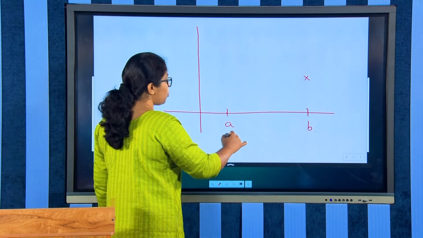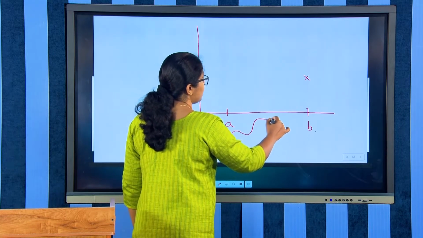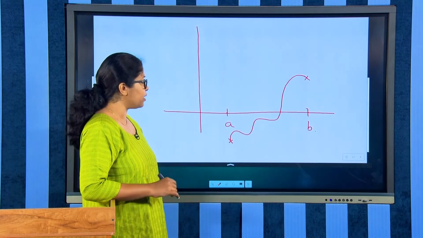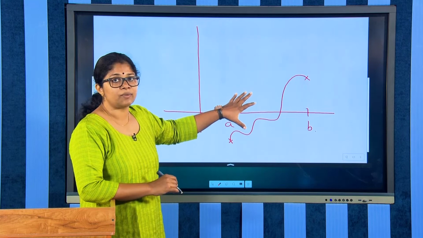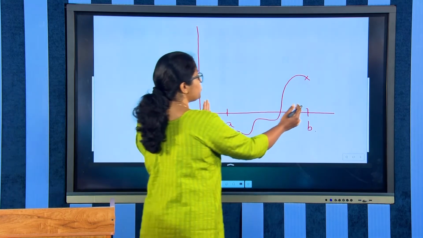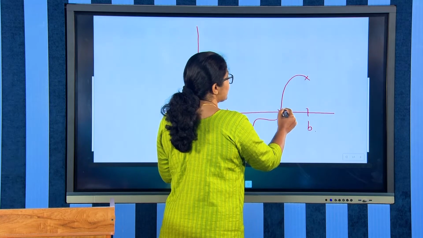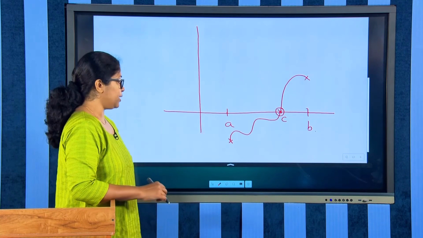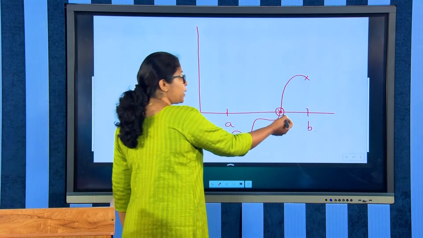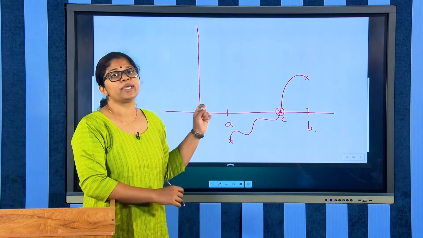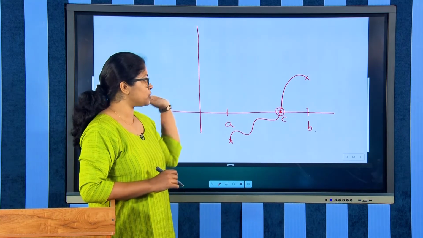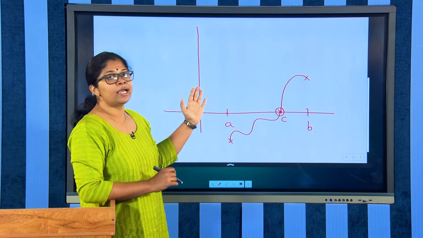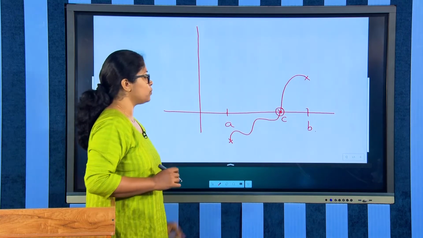So, whenever you draw a continuous curve starting from f of A and reaching f of B, whatever the shape of the graph, provided the function is continuous, definitely at some point between A and B it should pass through the x axis. This point is the C mentioned in the theorem. There can be more than one such point, but at least one point exists because of the continuity of the function f. This is the geometrical view of the location of roots theorem.